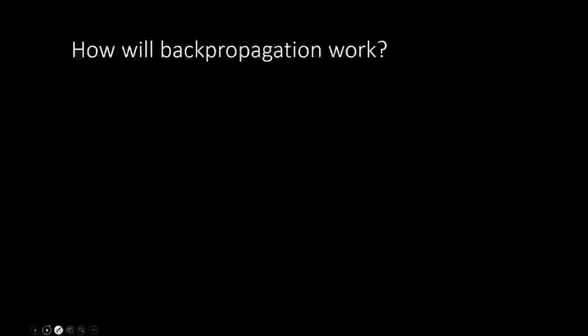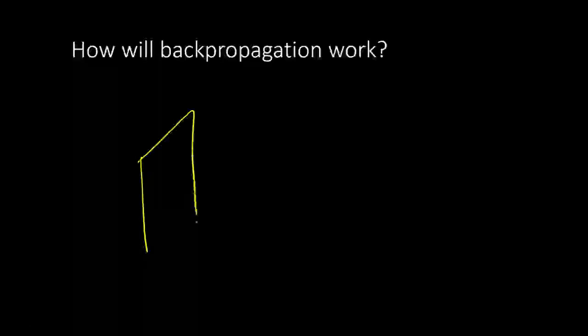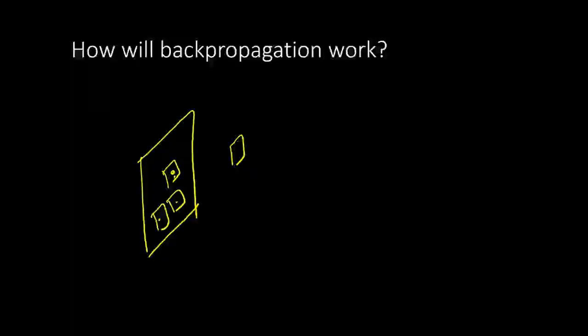So how will backpropagation work? In this case, we have an image and this kernel, and this kernel not only operates at this location, it also operates at this location and at this location and so forth, to give you this output, this output, this output on the entire output feature map.